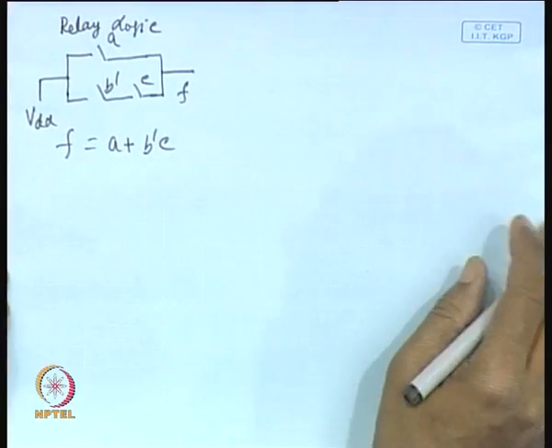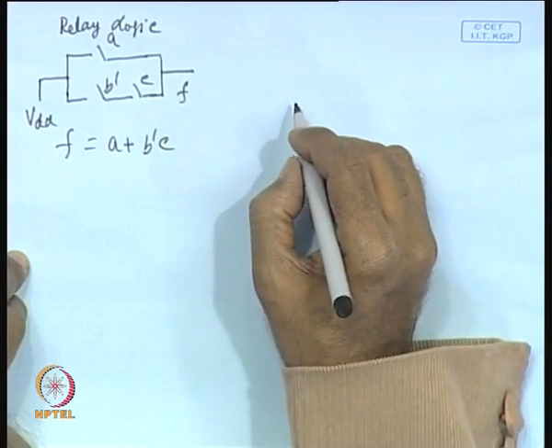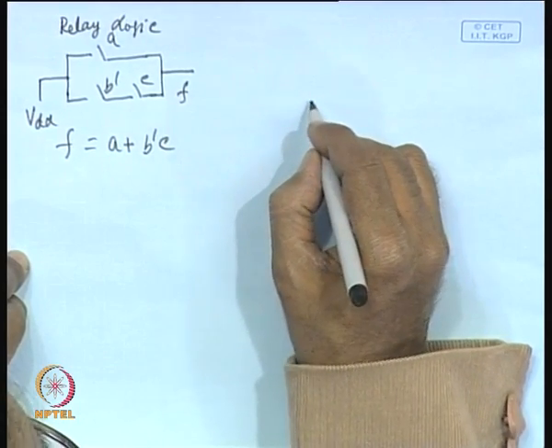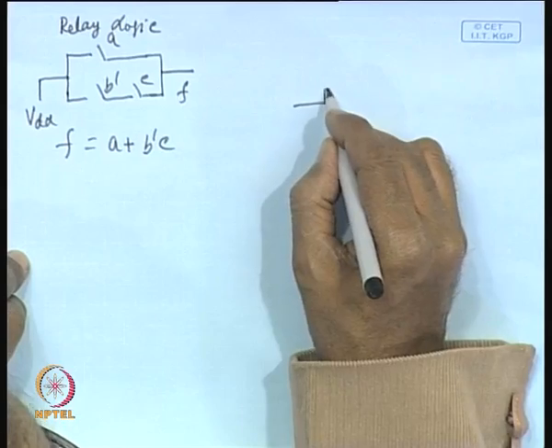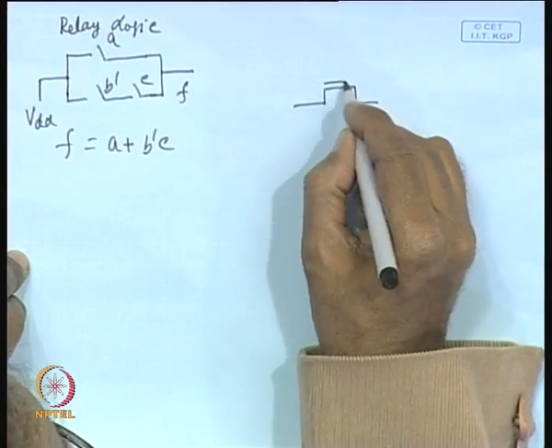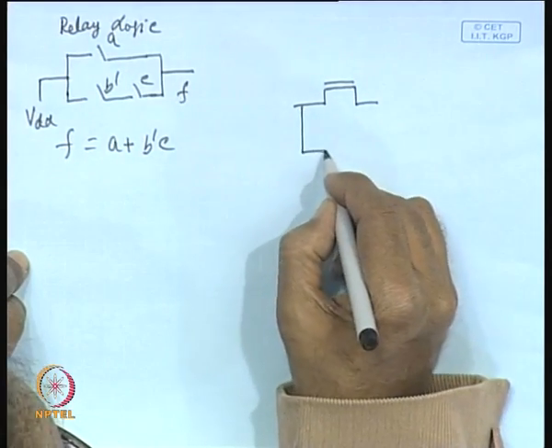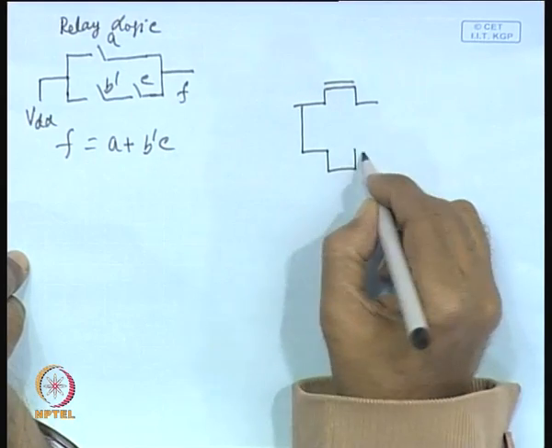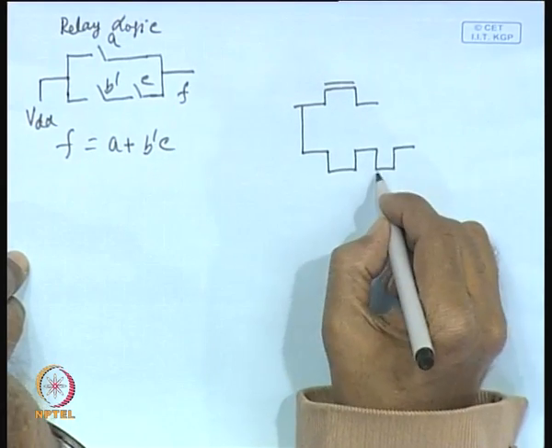Now, suppose we use the same approach to realize the function by using pass transistors. Let us assume we use 3 NMOS transistors.